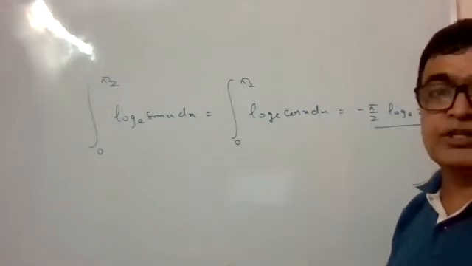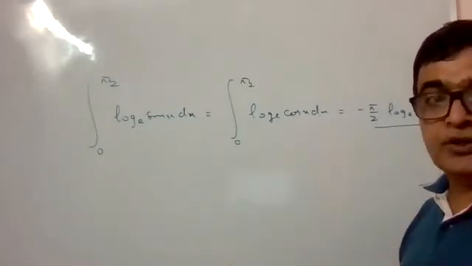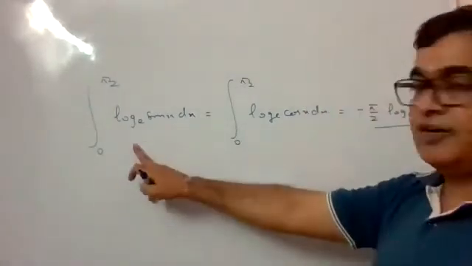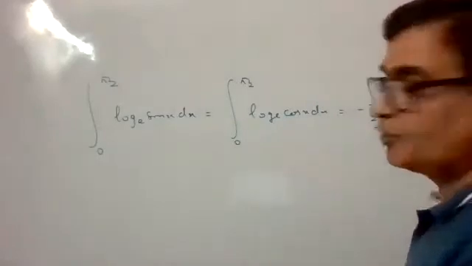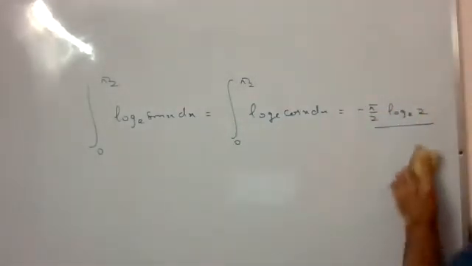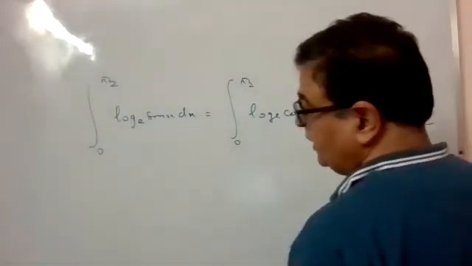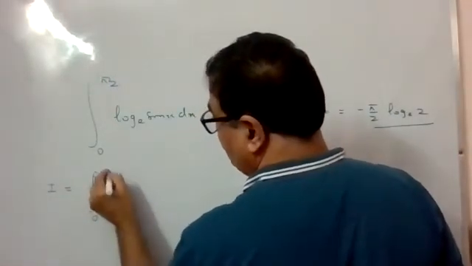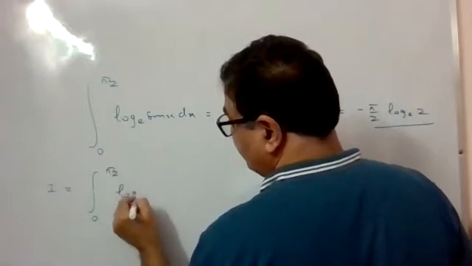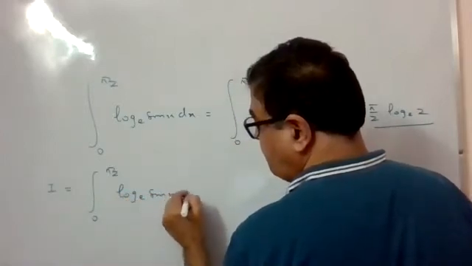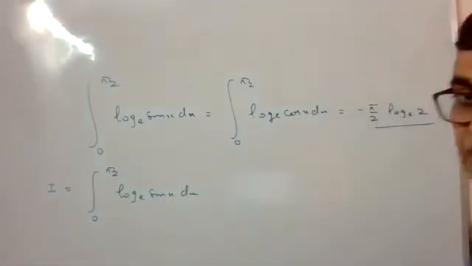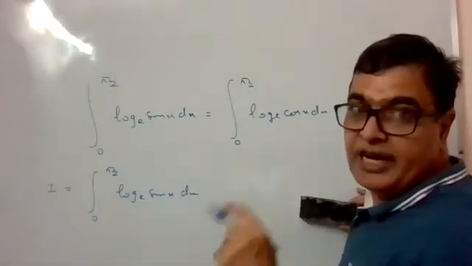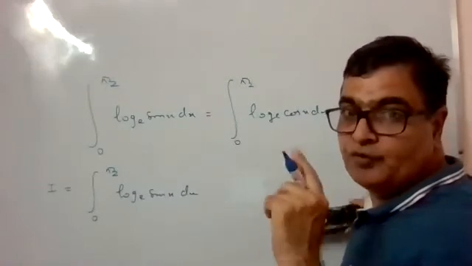Very important question. I told you this is the question where we are going to use maximum properties. So I'll start with this side and then we will try to bring the other one. Start with I is equal to the integral 0 to pi by 2 of log sin x. First property: integral 0 to a of f(x) dx is integral 0 to a of f(a minus x).